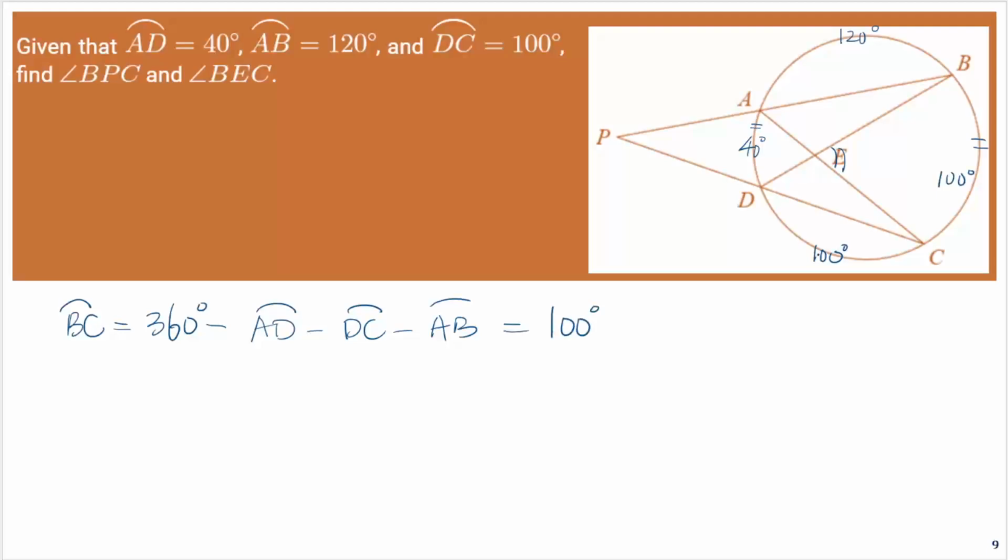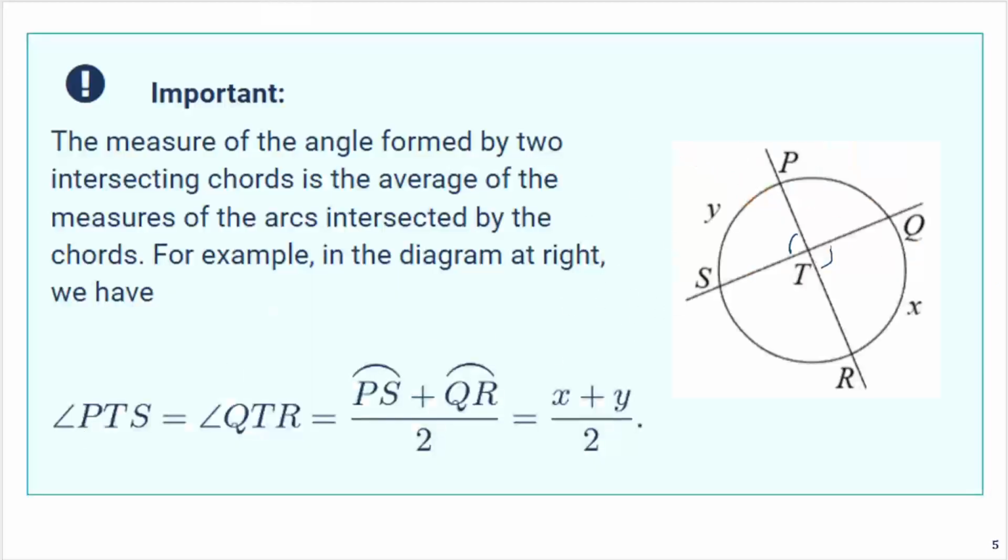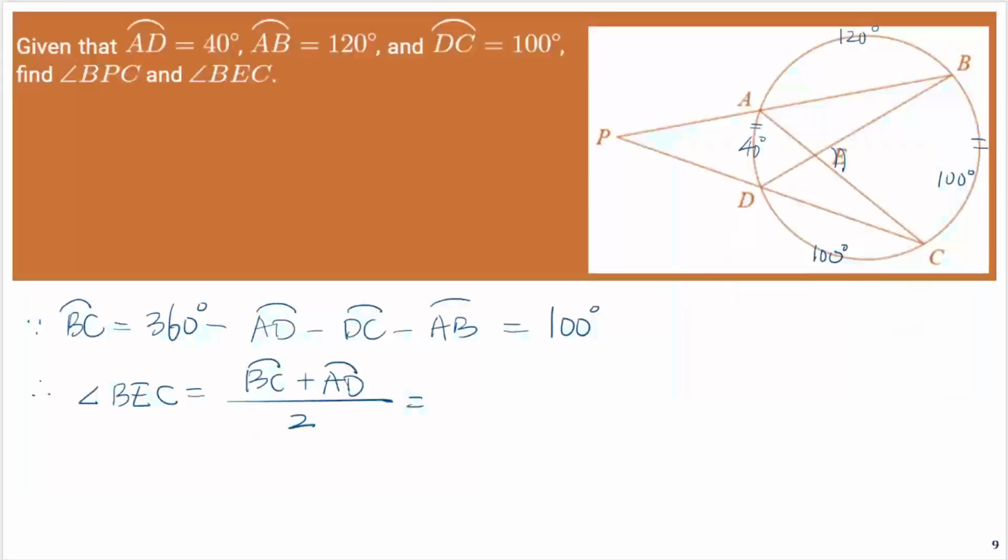Therefore, first of all, angle BEC equals (arc BC plus arc AD) over 2, right? Remember this? In that property here. So that gives us 70 degrees.